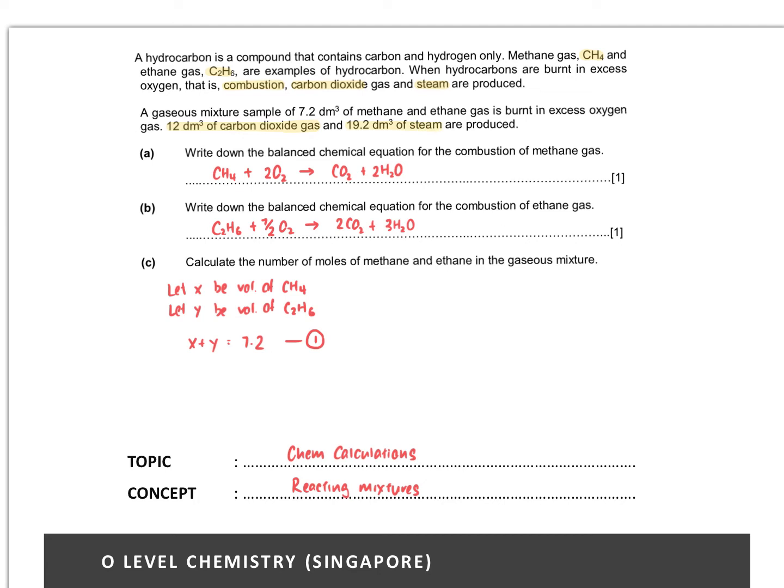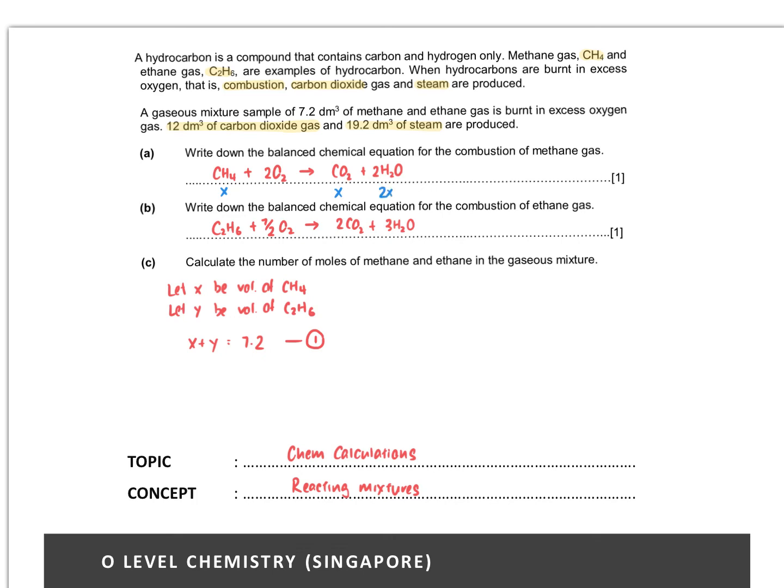These two pieces of information will allow us to come up with the other simultaneous equations. How do we do that? By going back to the equations. If we look at the equation in part A, now that we have defined X volumes of methane, by comparing mole ratio, X volumes of methane will give us X volumes of CO2 and 2X volumes of steam.